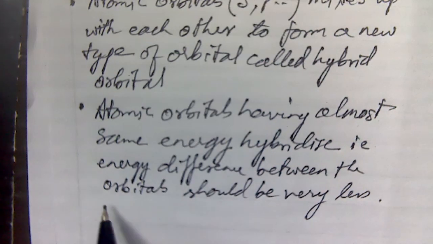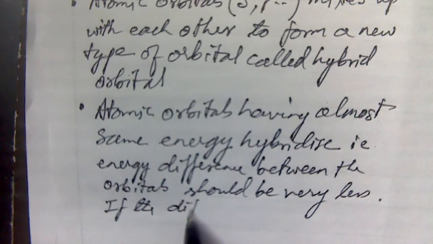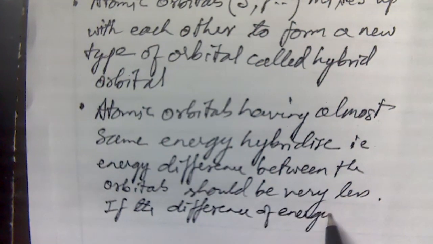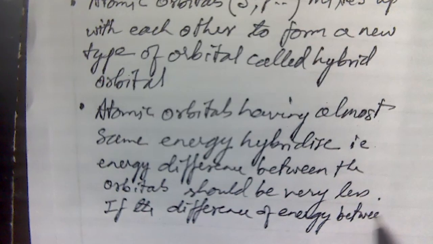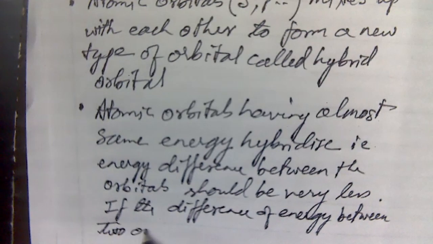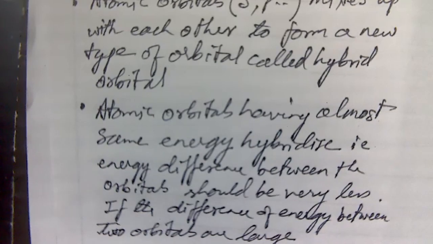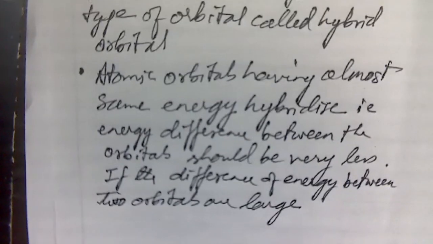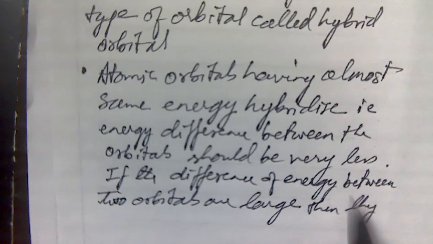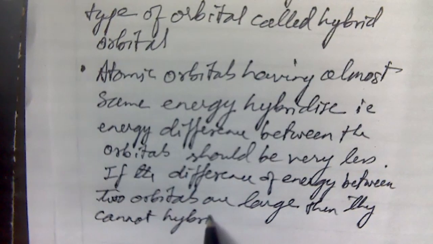So if the difference of energy between two orbitals is large, then they cannot hybridize.